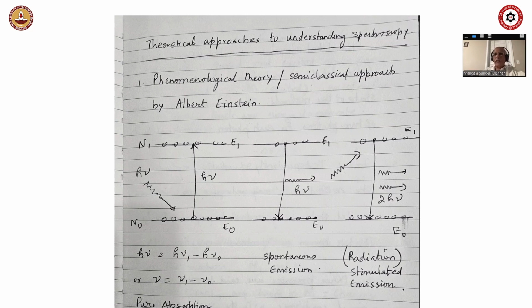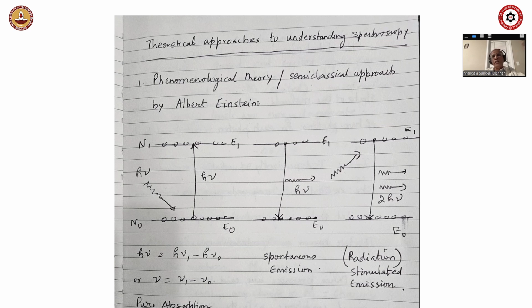So we use the classical approach of the wave properties of light or electromagnetic radiation, while we use the quantum mechanical properties of molecular energy levels. So that is why this is called a semi-classical approach, and introduced by Albert Einstein.